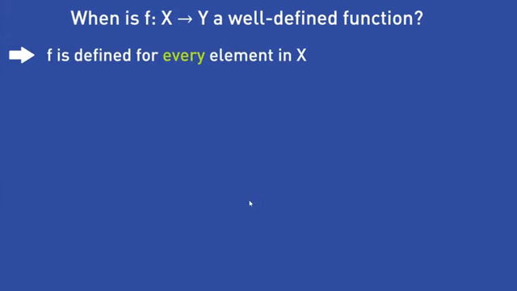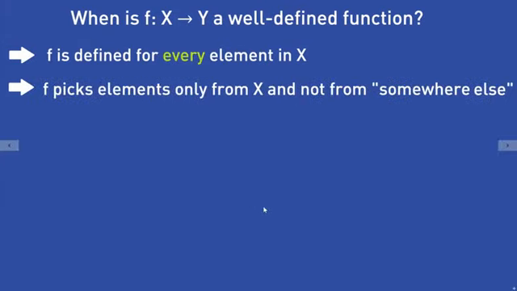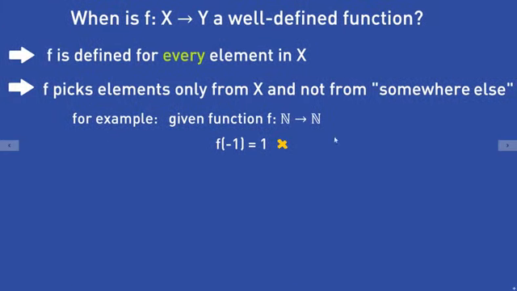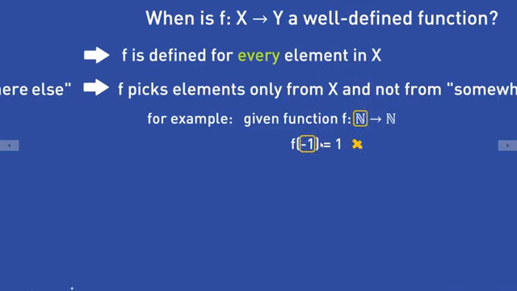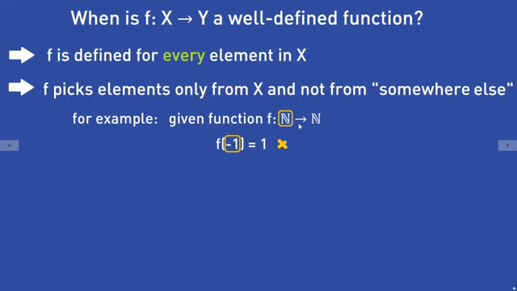Secondly, a function f only picks elements from the set X and not from outside of the set X. For example, if you have a function from the natural numbers to the natural numbers, the argument of f is always a natural number. Something like f of -1 is equal to 1 is not possible, because -1 is no natural number.